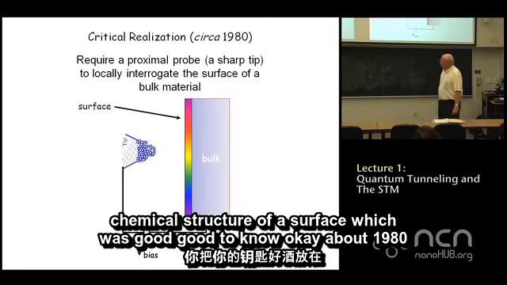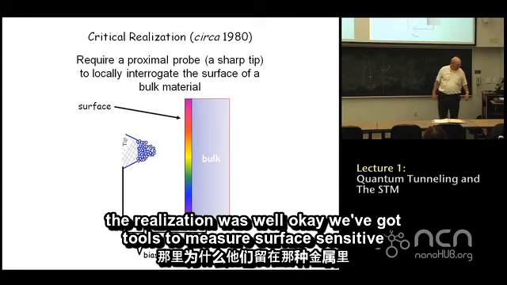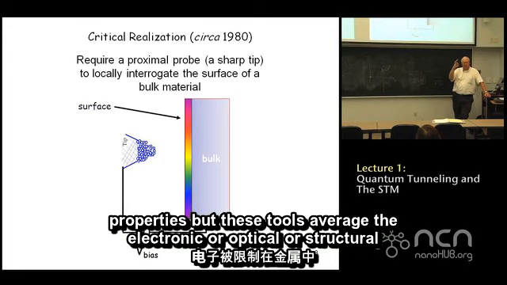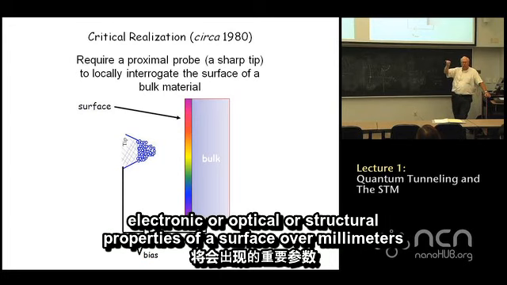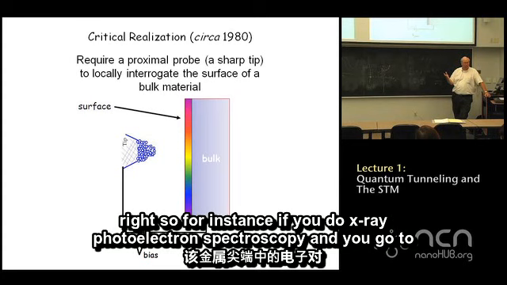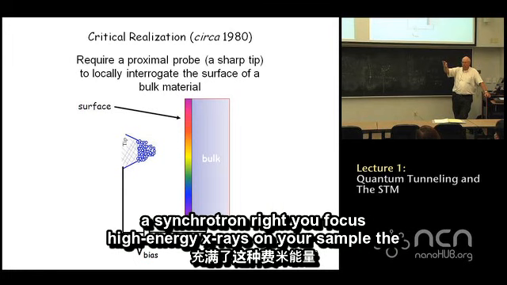Okay, about 1980, the realization was, well, okay, we've got tools to measure surface sensitive properties, but these tools average the electronic or optical or structural properties of a surface over millimeters, right? So for instance, if you do X-ray photoelectron spectroscopy and you go to a synchrotron, you focus high energy X-rays onto your sample.